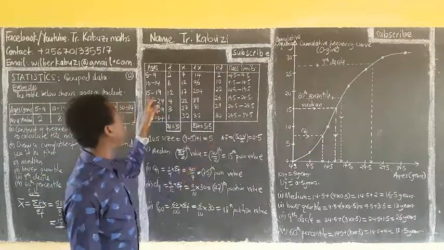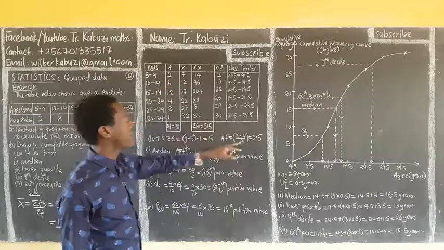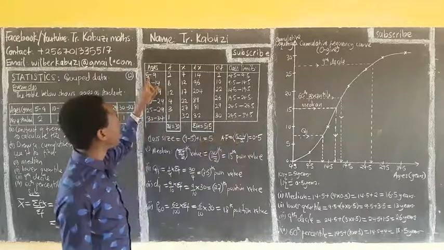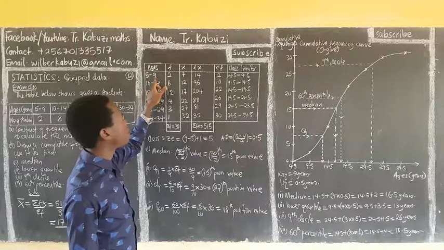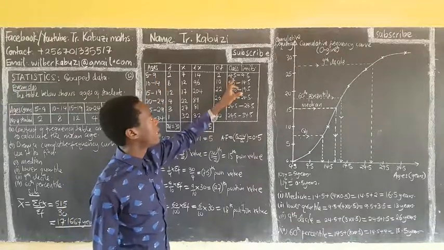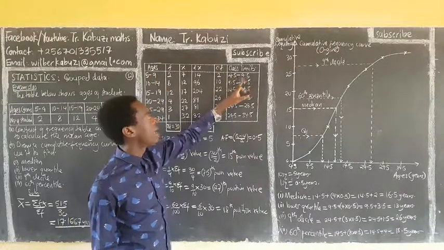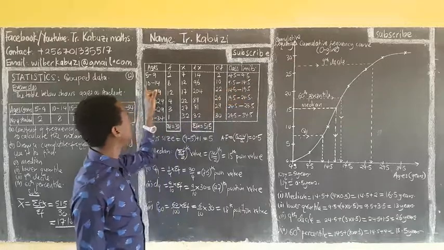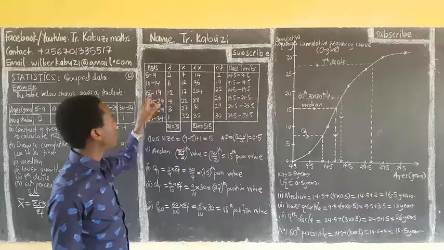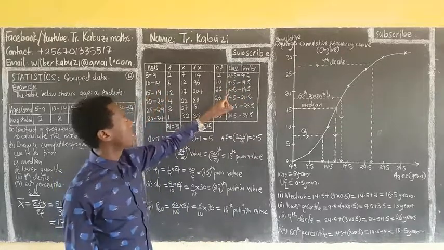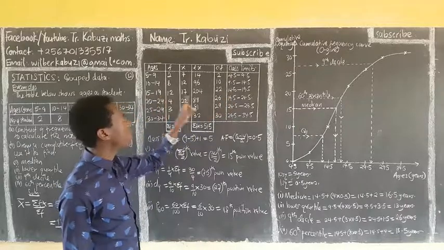So now I use 15 minus this, then divided by 2, giving 0.5. So you subtract 0.5 here and add 0.5 here. That's what we've been doing. You subtract 0.5 here, then you add 0.5 here. Subtract here 0.5, you get this. When you add here 0.5, you get this.